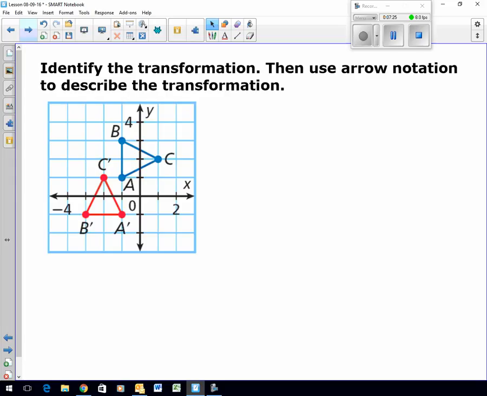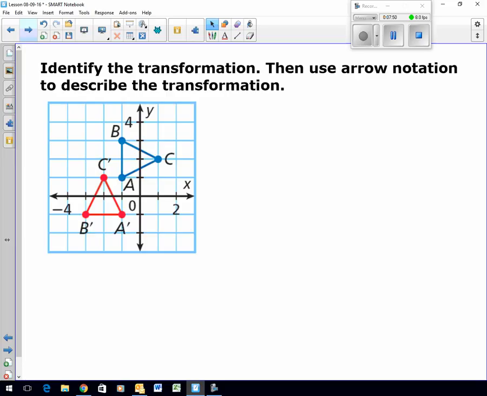Okay, remember the pre-image just has capital letters. It is the original image that occurs. The red image is, well, the image. Okay, the image from pre-image to image. All right, if this is A, B, and C on the pre-image, this is A what?